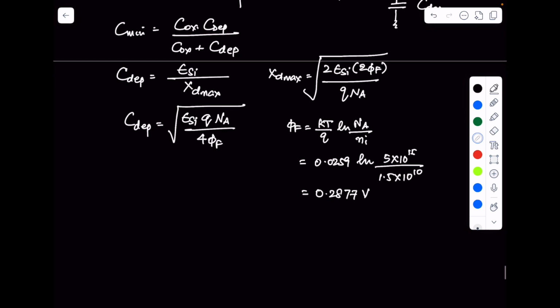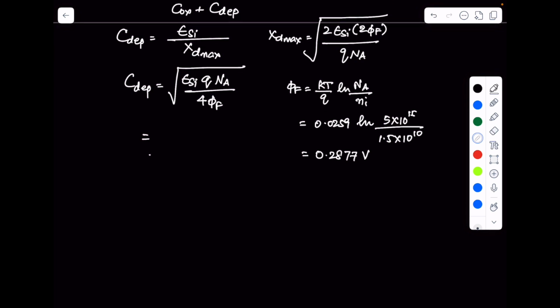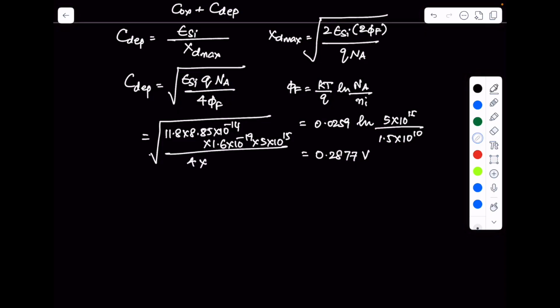And therefore your C depletion is nothing but square root of 11.8 into 8.85 into 10 power minus 14 into 1.6 into 10 power minus 19 into 5 into 10 power 15 divided by 4 into 0.2877, and this works out to 12.06 nanofarad per centimeter squared.